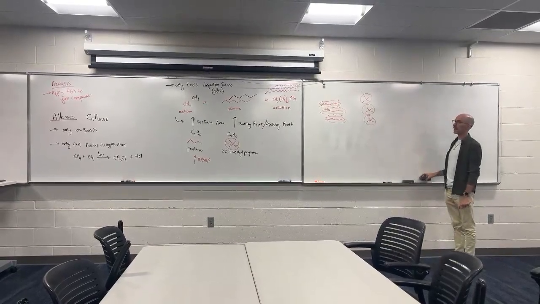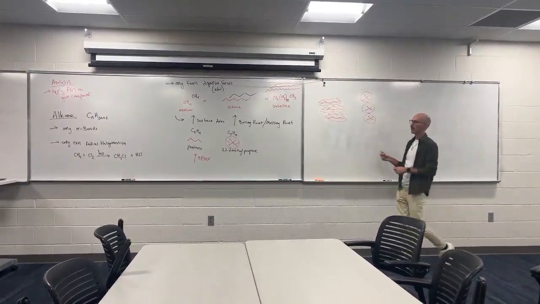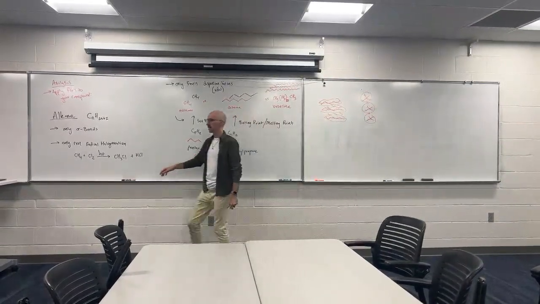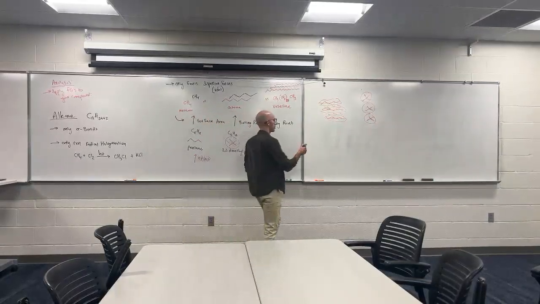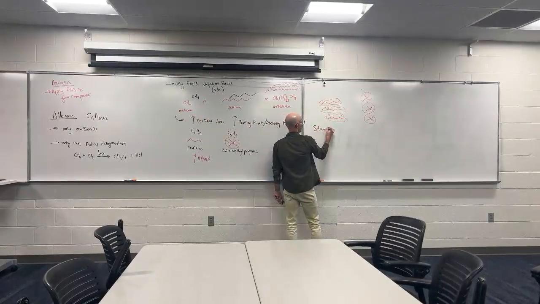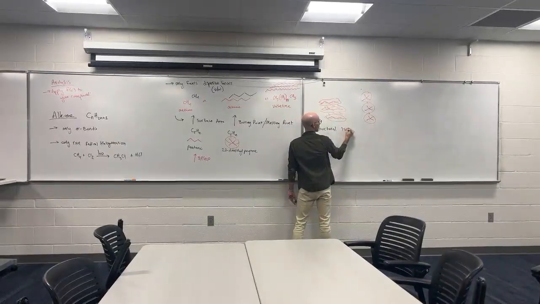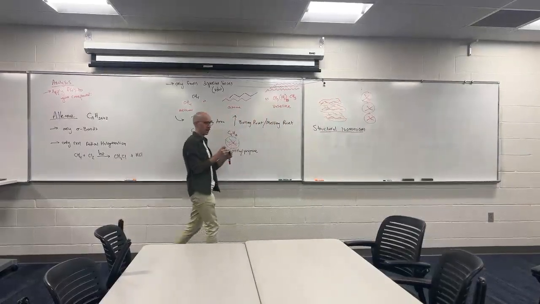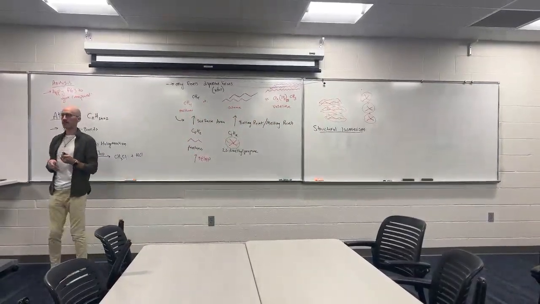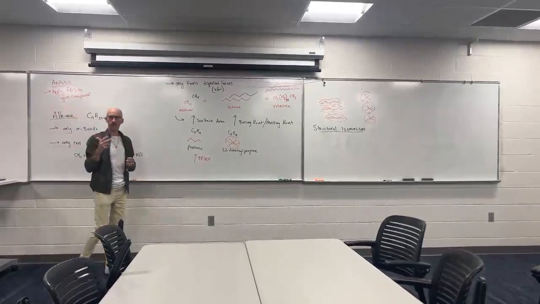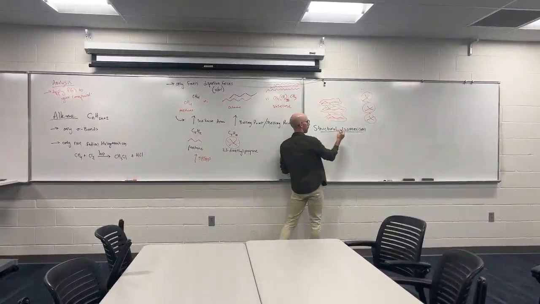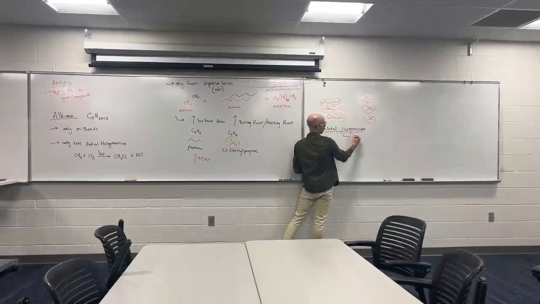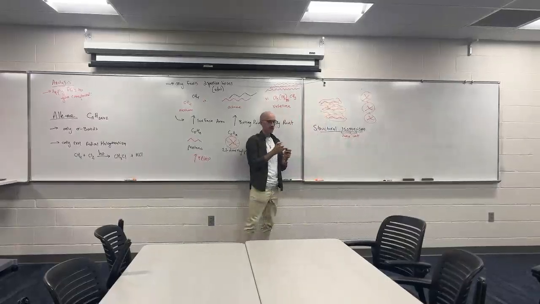Now this idea of two compounds with the same chemical formula, but being different structures, is a relationship that we call structural isomerism. Isomer is a two-part word. Iso means the same, and mer means unit.